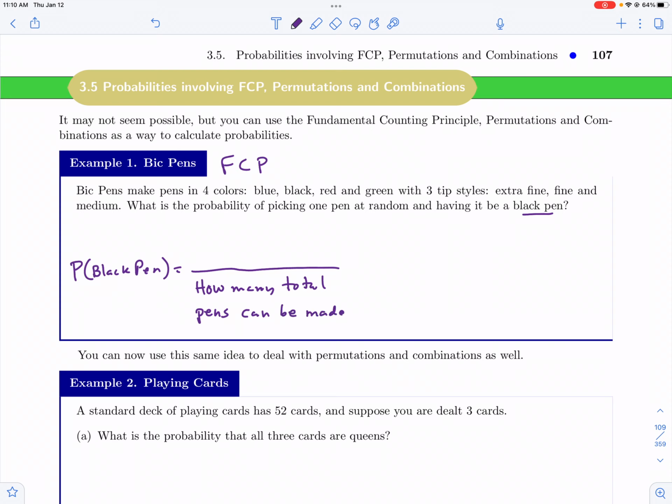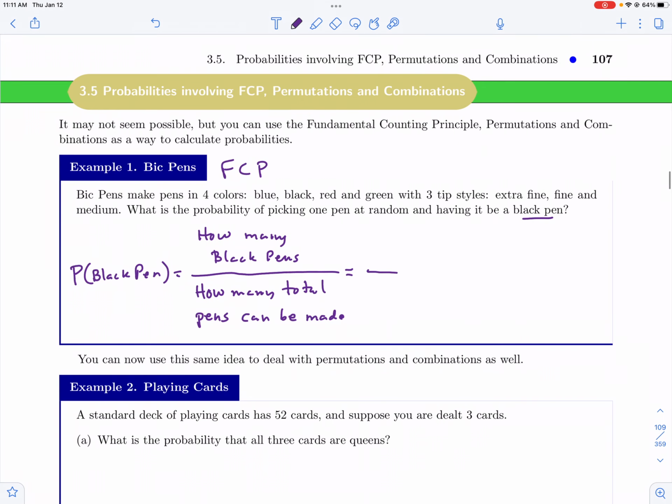And for our top number, we just want to know how many black pens there are total. So typically with these, the bottom number is going to be usually the easier one to calculate because there's no restriction. We're trying to calculate the total, and that's technically what we did in section 3.4. We were always trying to calculate the total. So I'm going to usually do the bottoms first for these.